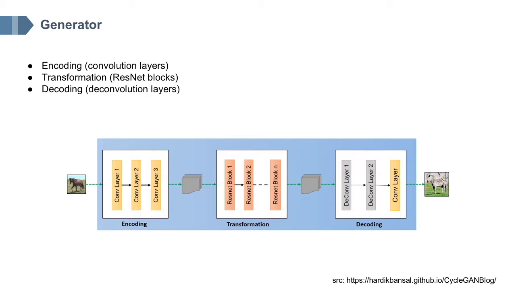The output size of the transformation phase is the same as the input size. It will preserve some original information of the image with the help of short links. Finally, deconvolution layers are used to restore an output image the same size as the input image. This whole process could be viewed as an encoder-decoder model.